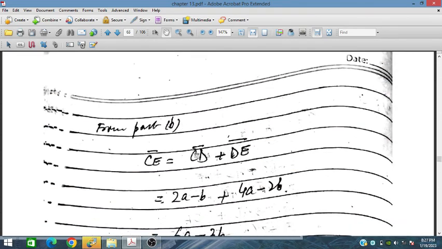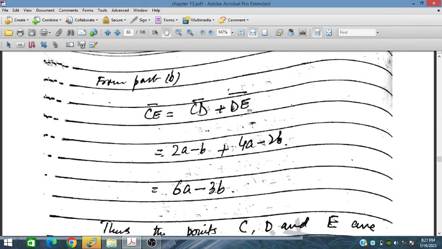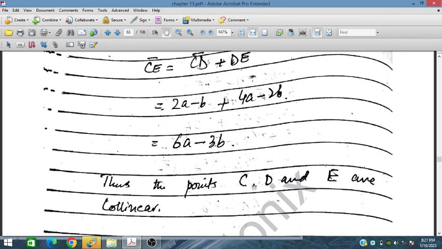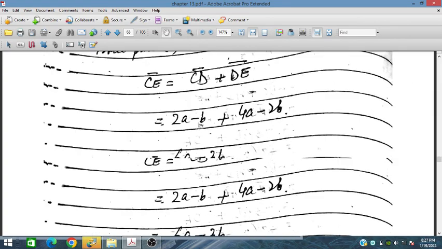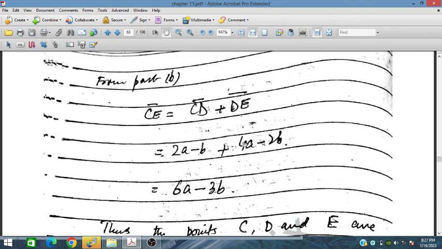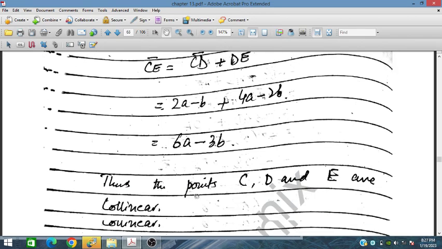So from part b, CE is equal to CD plus DE, so 2a minus b plus 4a minus 2b, and by addition we have 6a minus 3b. That's the point. C, D and E are collinear because CE is obtained as 6a minus 3b, while CD and DE are added to get the same value. So they are collinear.